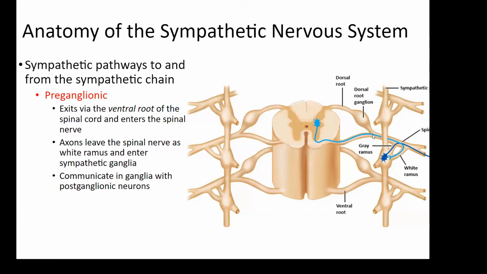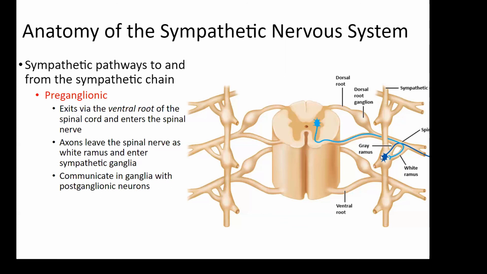Okay, so here we can see that we're traveling in, going in our white ramus, white because we'd see myelin. Okay, and here we see the synapse, right, between our preganglionic and postganglionic neuron happening in the sympathetic chain.